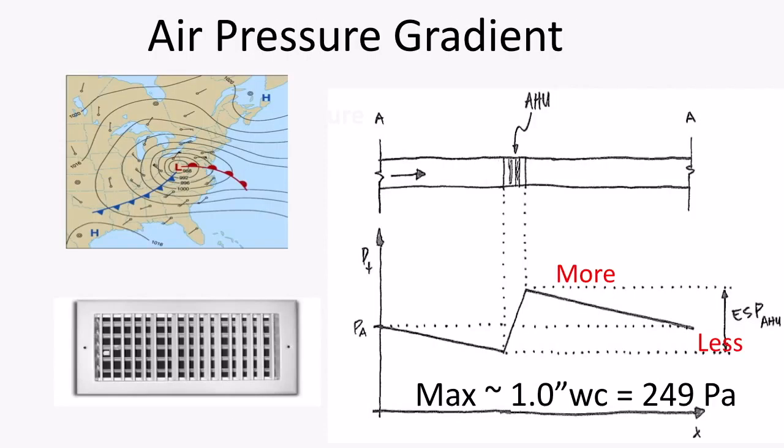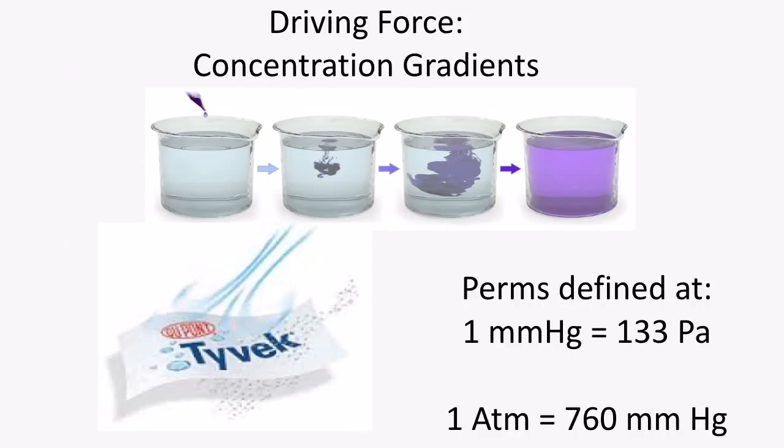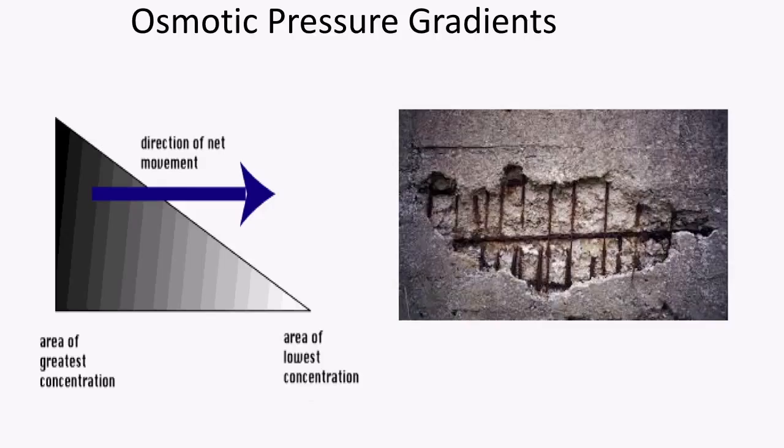We could look at this in terms of air pressure gradients, which dictate our weather patterns globally. We could look at this in terms of concentration gradients, which could be vapor concentration. So this is what dictates vapor drive across boundaries. Osmotic pressure gradients, which again has to do with water concentrations across boundaries.